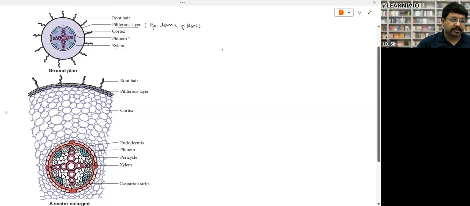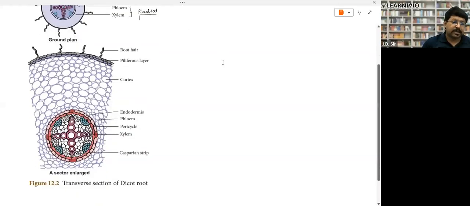Phloem and xylem are both present at different radii. That's why we call that arrangement radial, right? Anatomically, the piliferous layer is basically a single layer made up of single cells. Then the cortex is very thick.